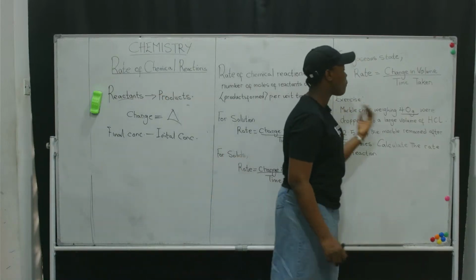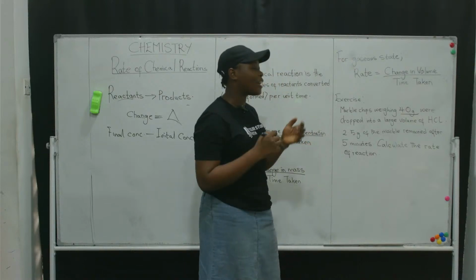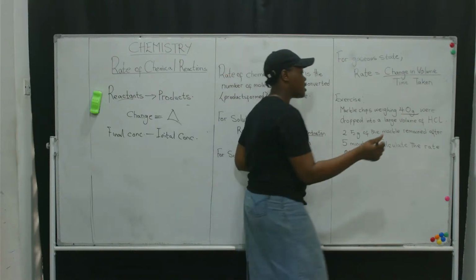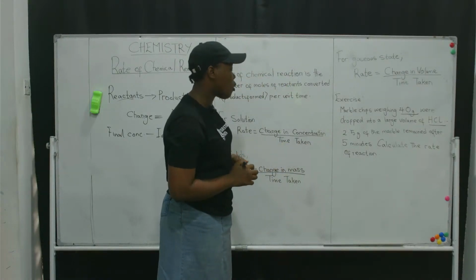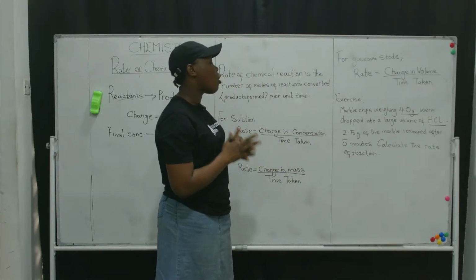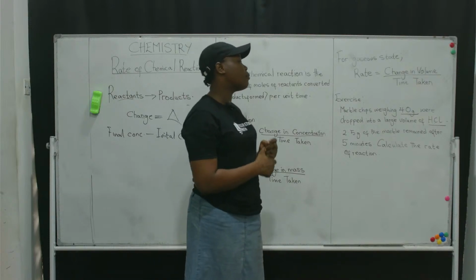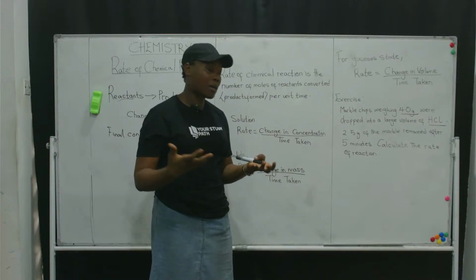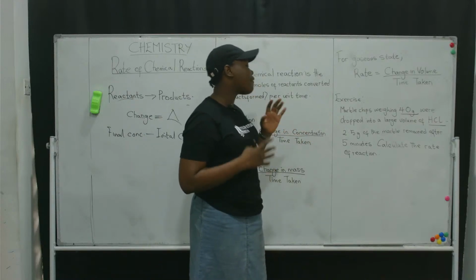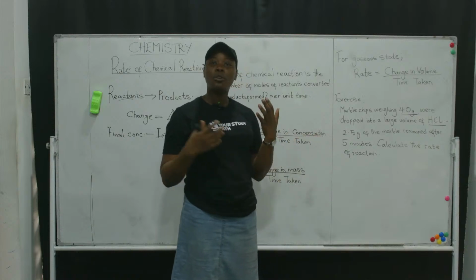Marble chips weighing 4.0 gram were dropped into a large volume of hydrochloric acid, HCl, right? 2.5 gram of the marble remained. That means that's the final mass, right? After 5 minutes, that's the time taken. Calculate the rate of reaction.